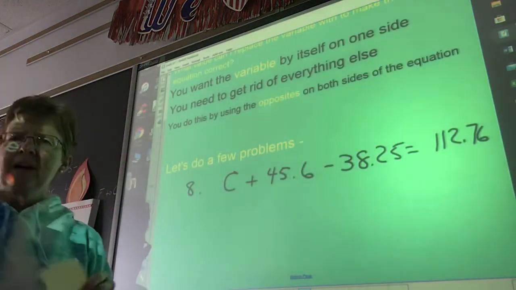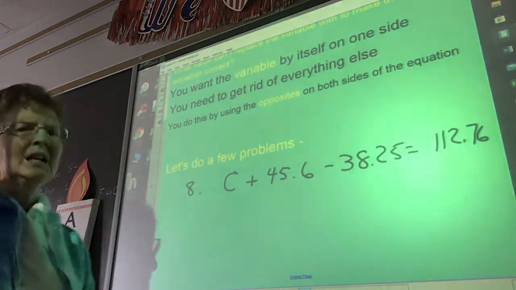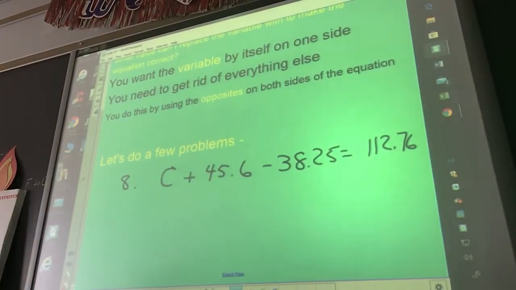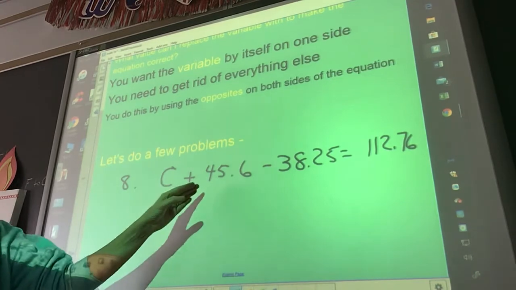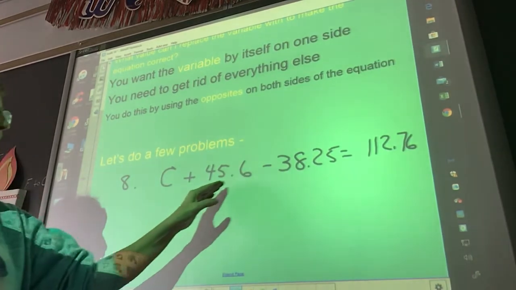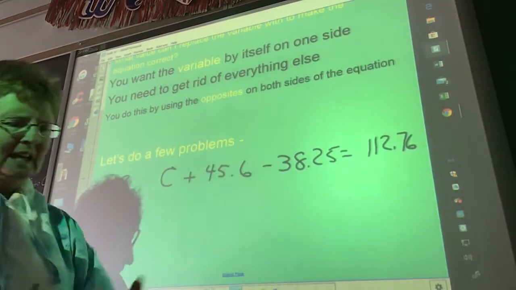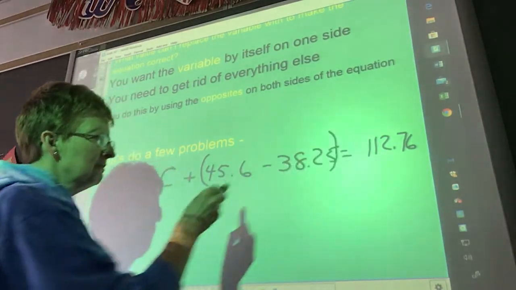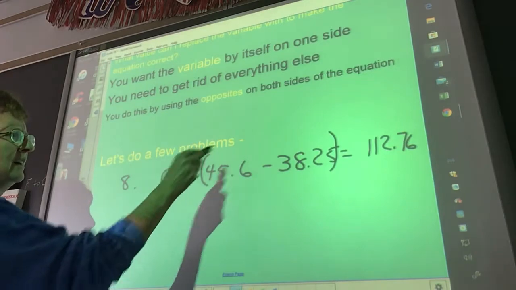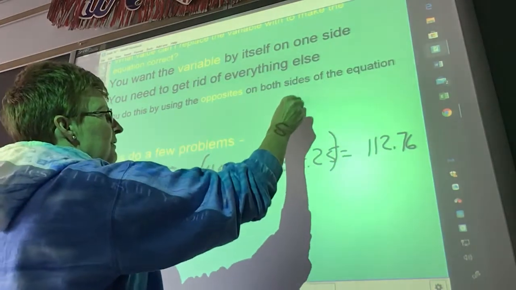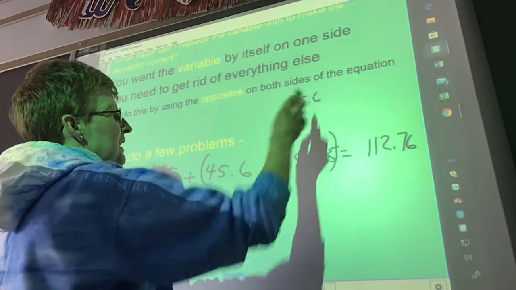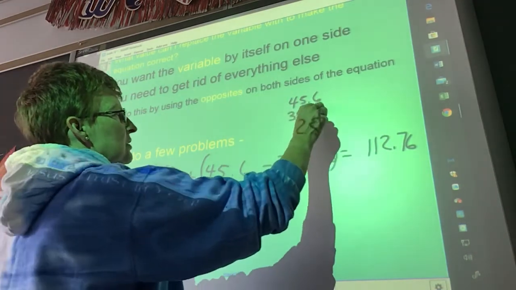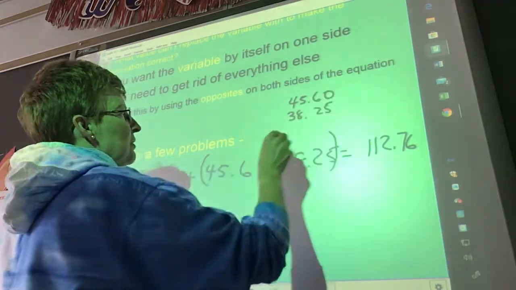Now, we want to follow the order of operations in the same way that we have always done. If I look at this problem, I can easily do this part of the problem first: 45.6 minus 38.25, and I have to add my 0 up there.